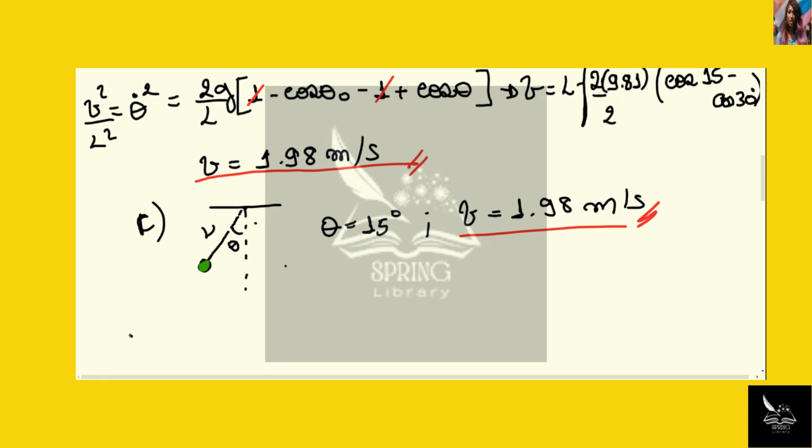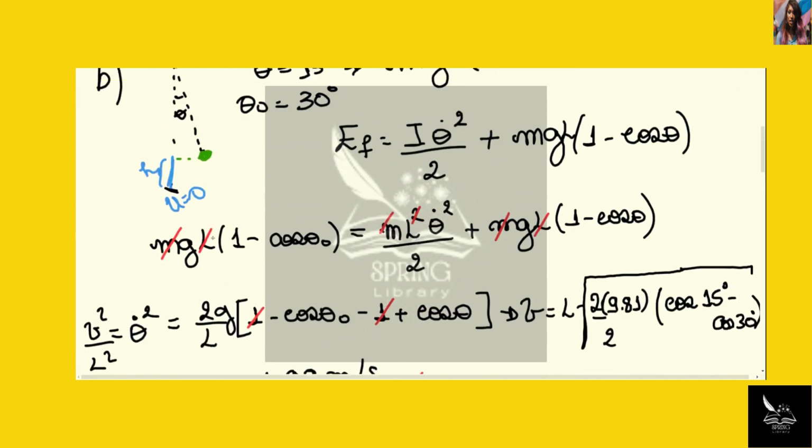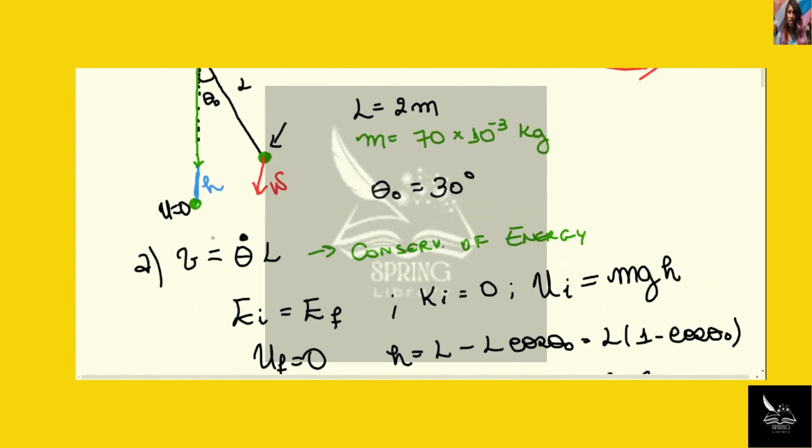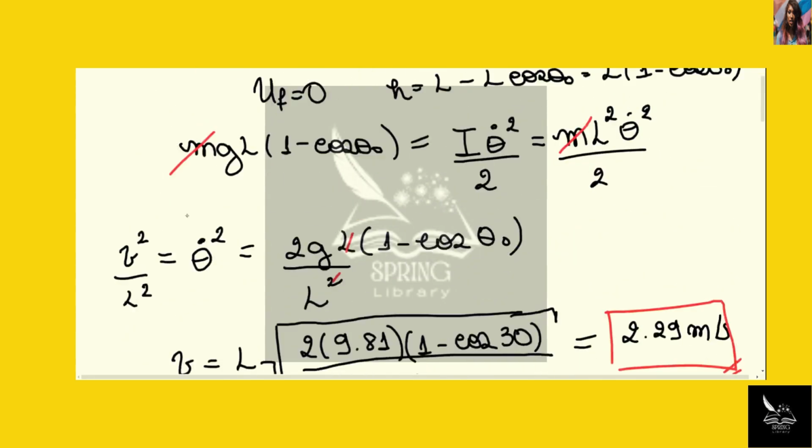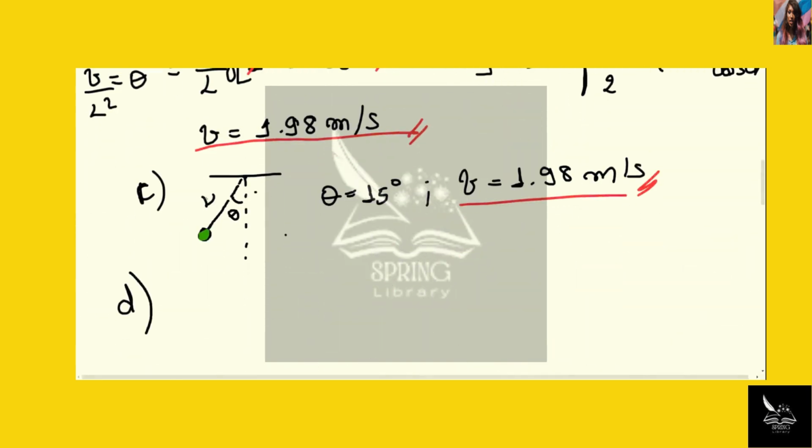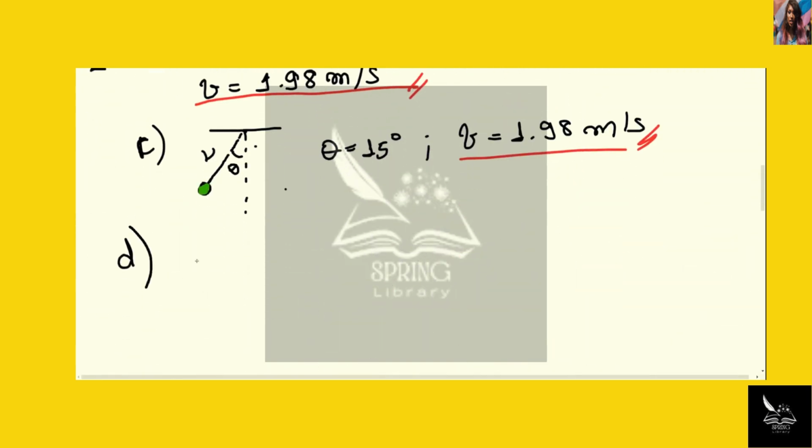Now question D. Question D wants us to find the tension on the wire for each point, for the points of question A, question B, and question C. Okay, so D, A: what is the tension when the ball is making a 0-degree angle with the vertical axis? So let's draw our system here again.